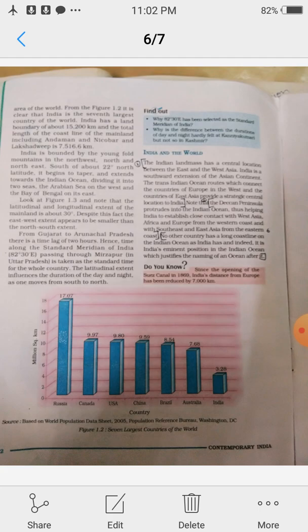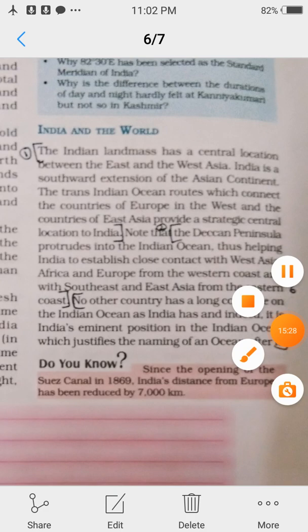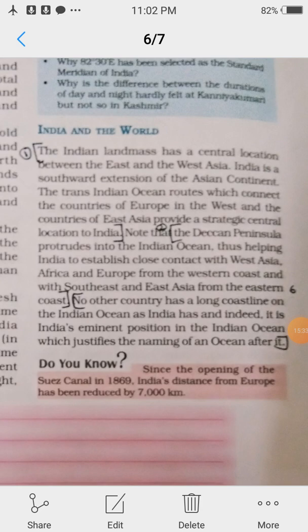So here we discuss India and the world. The Indian landmass has a central location between East and West Asia. India is a southward extension of the Asian continent.